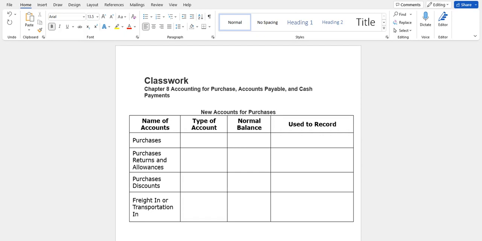From this point on, I'm going to be opening up our chapters 8, 9, 10, 11, and 12 homeworks so that we can spend a little more time on these chapters. They are going to come with a lot more detail, and it's great detail that you need to understand.